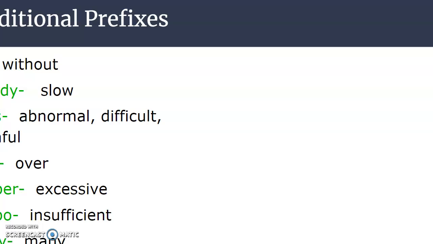Lots of words with dis in this chapter: dystonia, dyskinesia. We'll come back to those in a second. Epi, over. Hyper, excessive. The opposite of hyper is hypo, insufficient or less than. Poly means many.